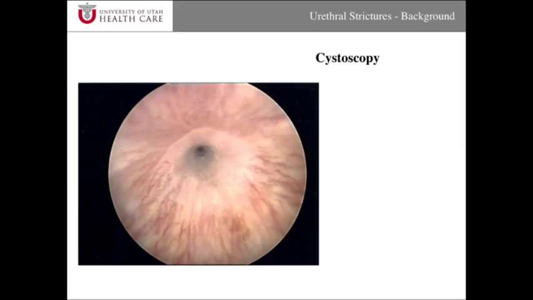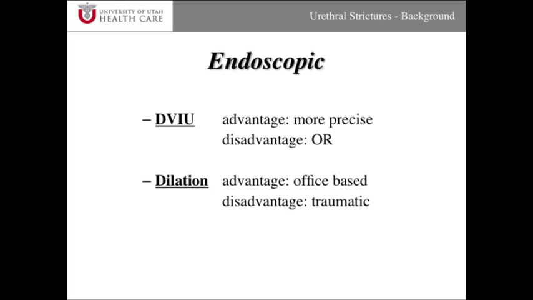So what do we do when we find a urethral scar like this? Most men are going to be managed first with a scope procedure or a dilation. The scope procedure we call a DVIU, and that stands for Direct Vision Internal Urethrotomy.